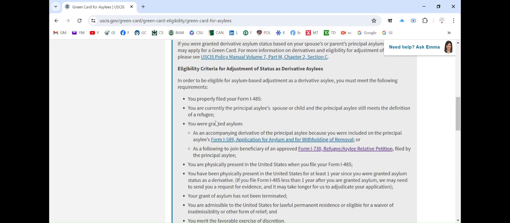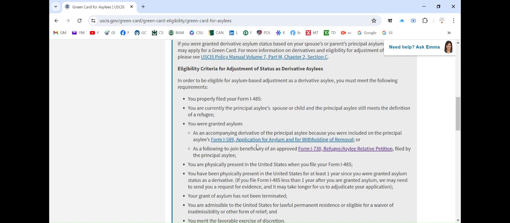You were granted asylum. So you were granted asylum based on which? As an accompanying derivative of the principal asylee, because you were included on the principal asylee's Form I-589. So what happens when your parent or your spouse, who is the principal asylee, does the filing for asylum?